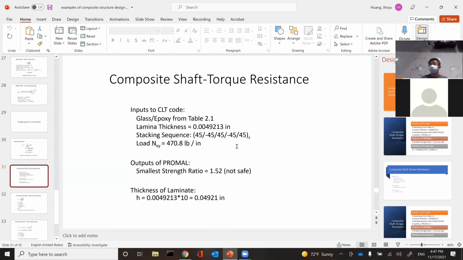There are secondary loads. You could have a bending situation in the shaft, maybe small, or tension. So you want to apply an additional 10% 0-degree plies and 10% 90-degree plies. It's missing from here, so this violates the 10% rule. They only placed all the fiber in the two primary loading directions.